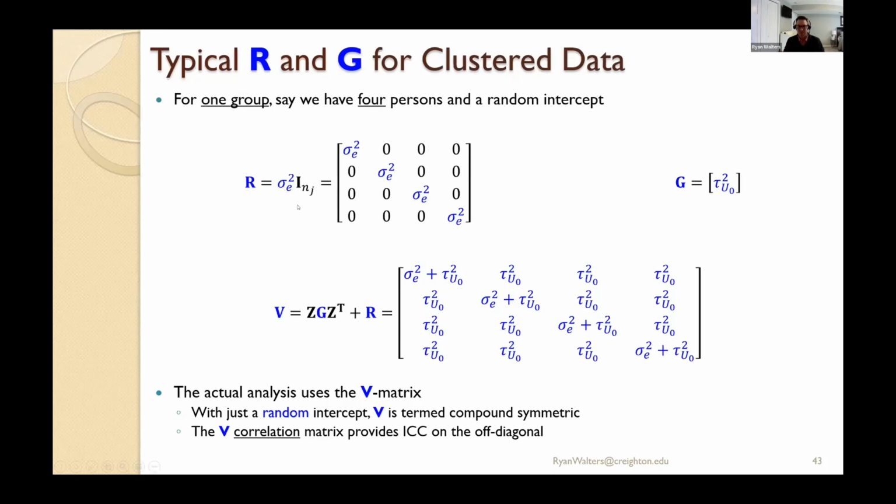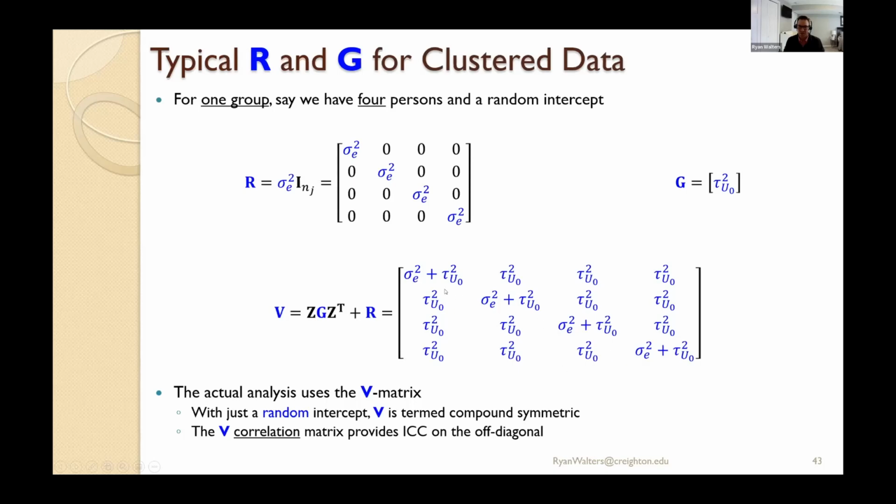Again, because the residual variance and random effect variances are uncorrelated, we sum them to get the total variance in the outcome for each person, with the off-diagonal elements representing the random intercept variance. So all of that excess dependency, all of the reasons observations are correlated is due only to the random intercept variance.